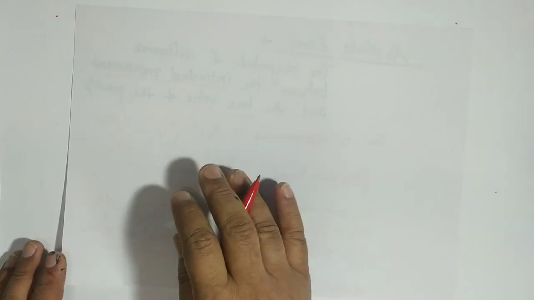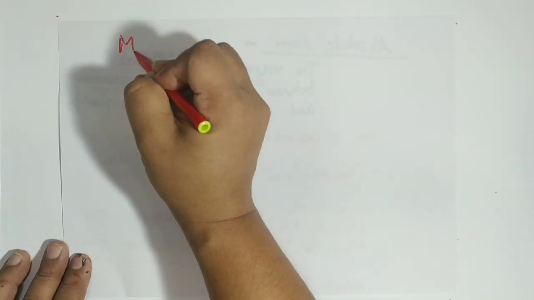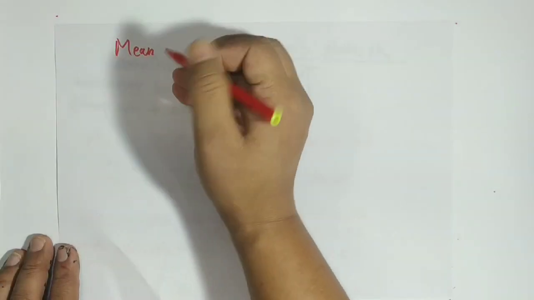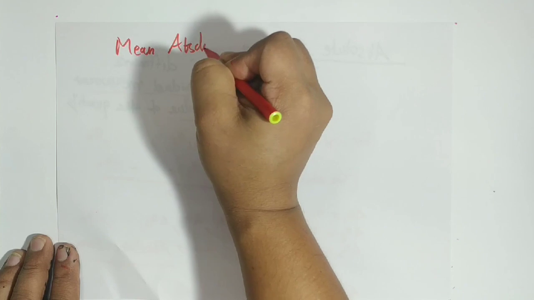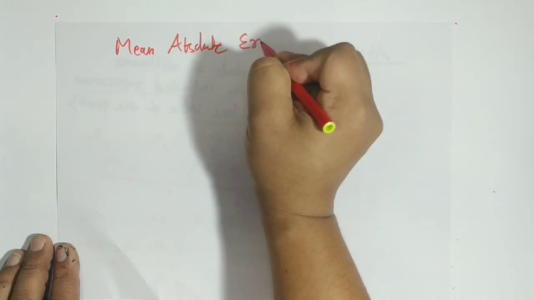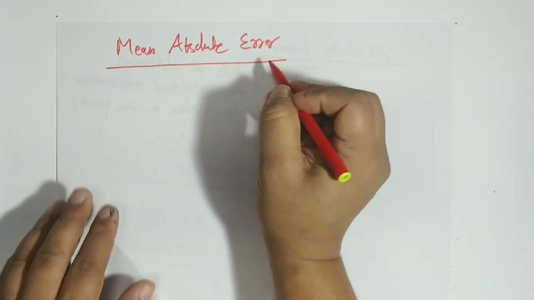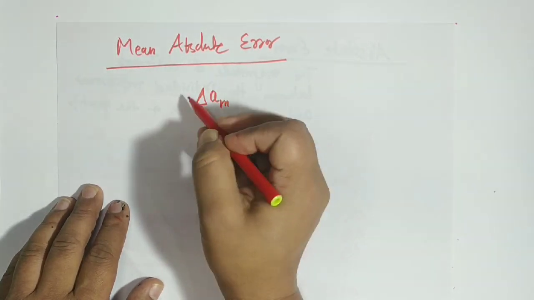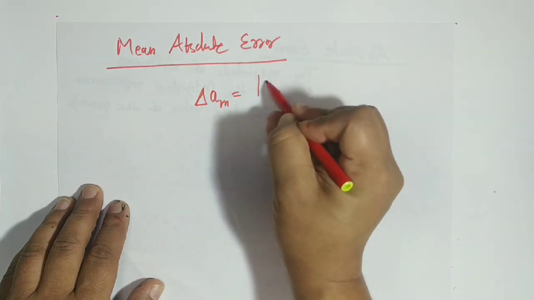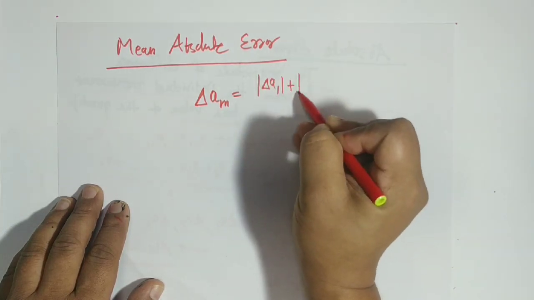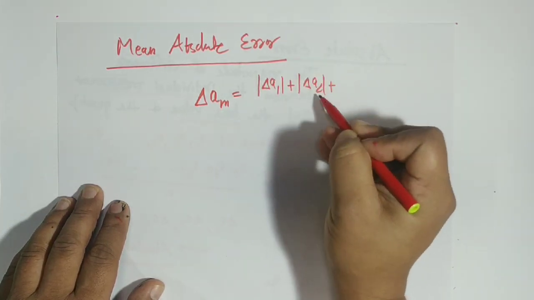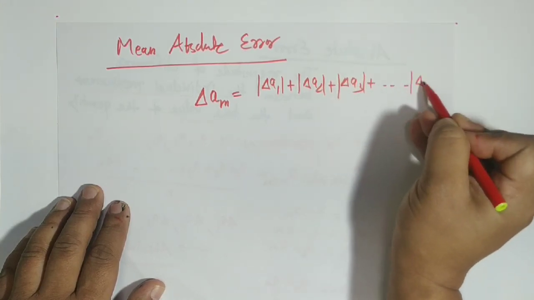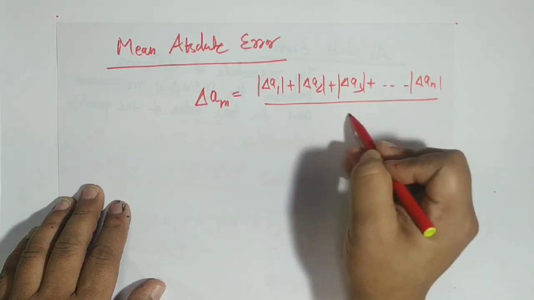If I want to find the mean absolute error, I take the mean of all these errors, that is delta a mean. Delta a mean will be the sum of all the errors which you have taken, delta a1 plus delta a2 plus delta a3 plus ... plus delta an, divided by n.